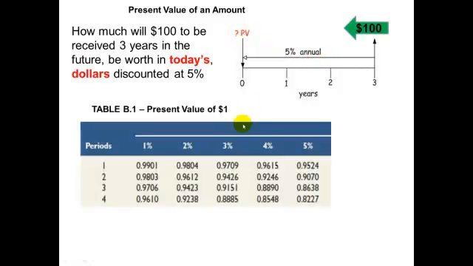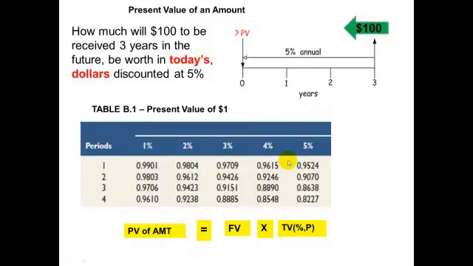Well, you use the present value of an amount table. Mine's called B1. So the formula is the present value of an amount, which is the unknown, equals the future value times a table value in this table based on 5% interest for 3 interest periods.